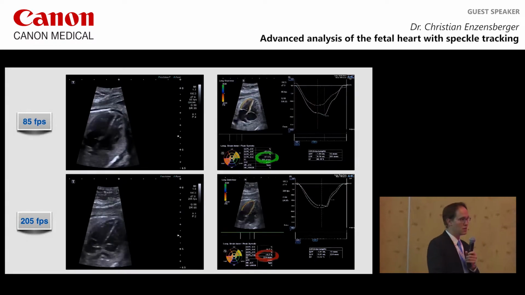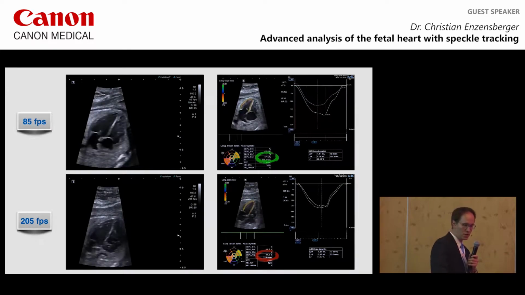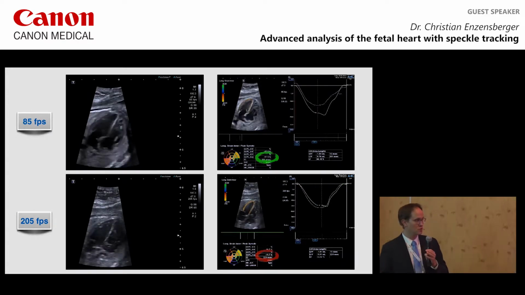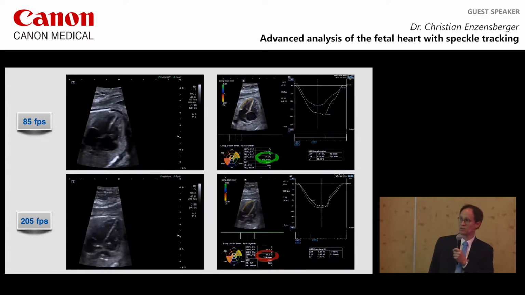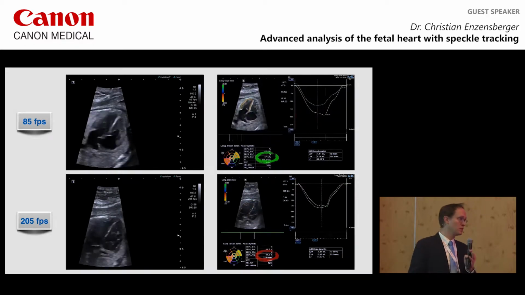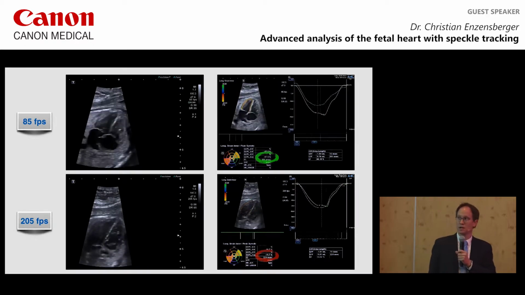So this is something which should show you that within one patient we have to think about the comparison of different longitudinal peak systolic strain values. Different vendors, different frame rates.